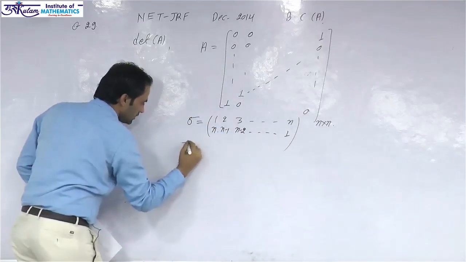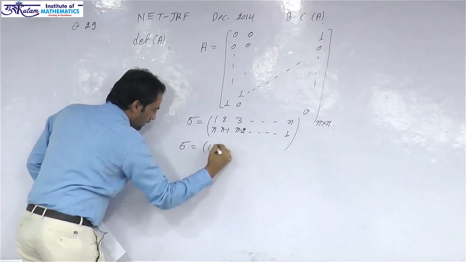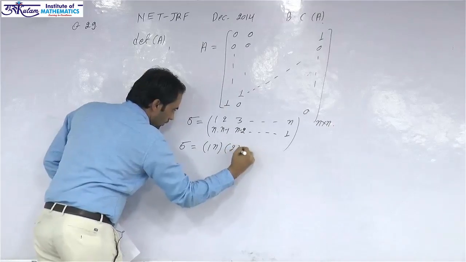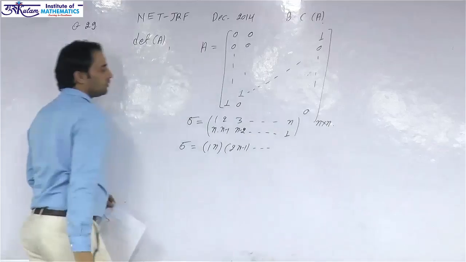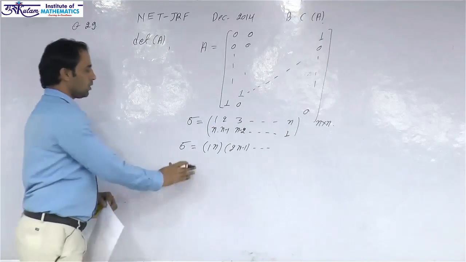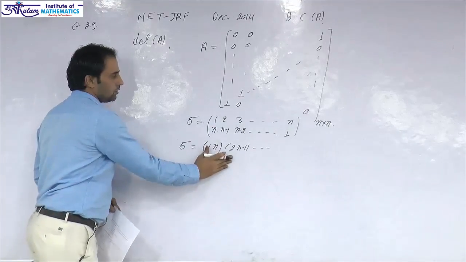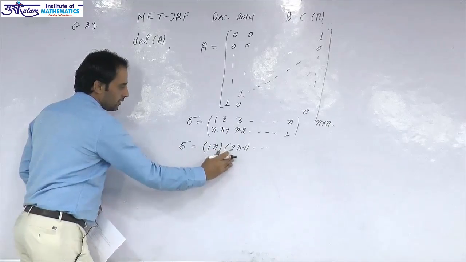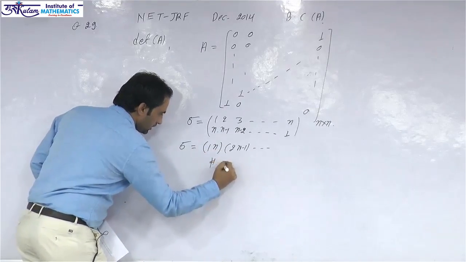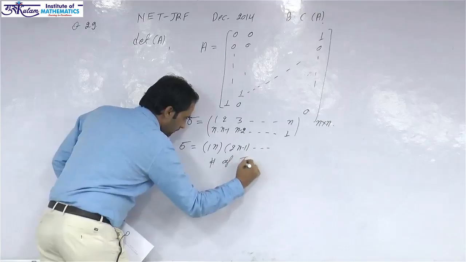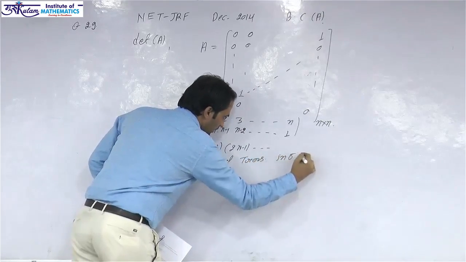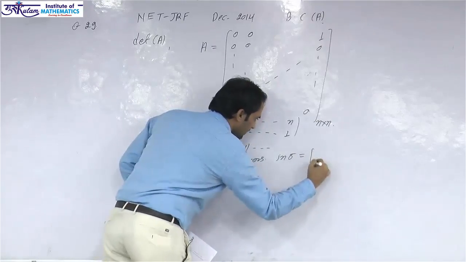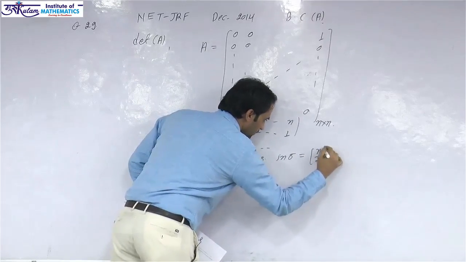So sigma is simply (1 n)(2 n minus 1) and so on. So sigma is again a product of transpositions. You can easily check that the number of transpositions in sigma is the greatest integer of n by 2.